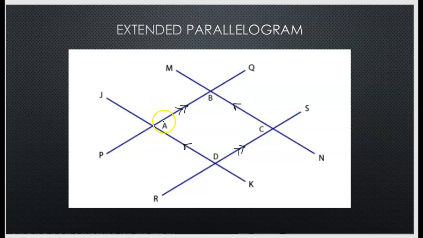So what actually makes your parallelogram, I'm going to put vertices on those points for the parallelogram. So we're talking about parallelogram ABCD. And they just want you to be able to visually see the parallelogram within, and it kind of looks like a tipped over tic-tac-toe board, right? But there's two sets of parallel lines there.